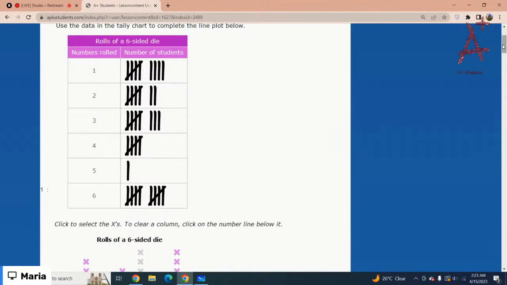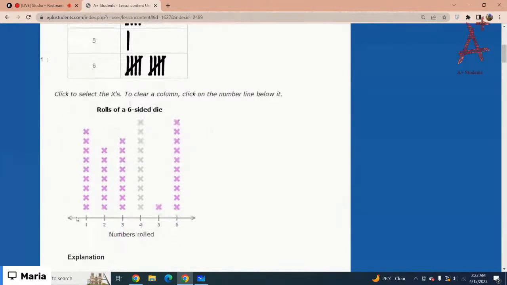So you just have to plot the marks. Like for 1 it is 9, so you have to make 9 crosses. For 2 it is 7, so you have to plot 7 crosses in front of 2. Same thing you have to do with the rest of the values. So just read the table and plot the values on the graph.